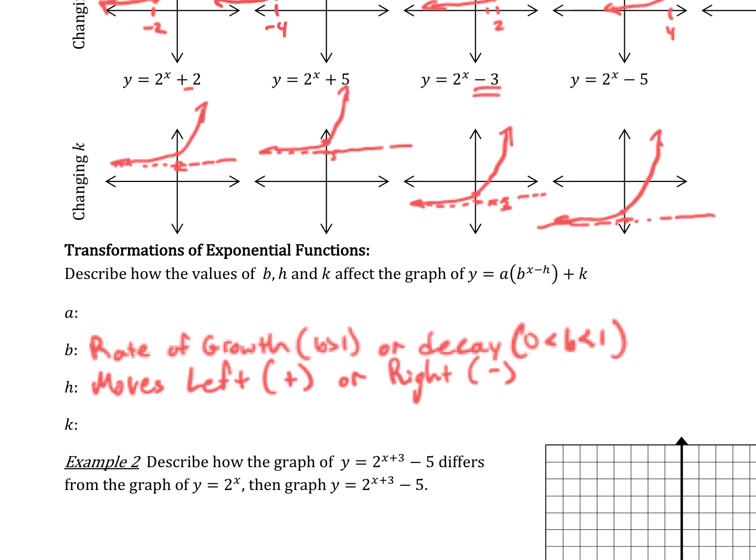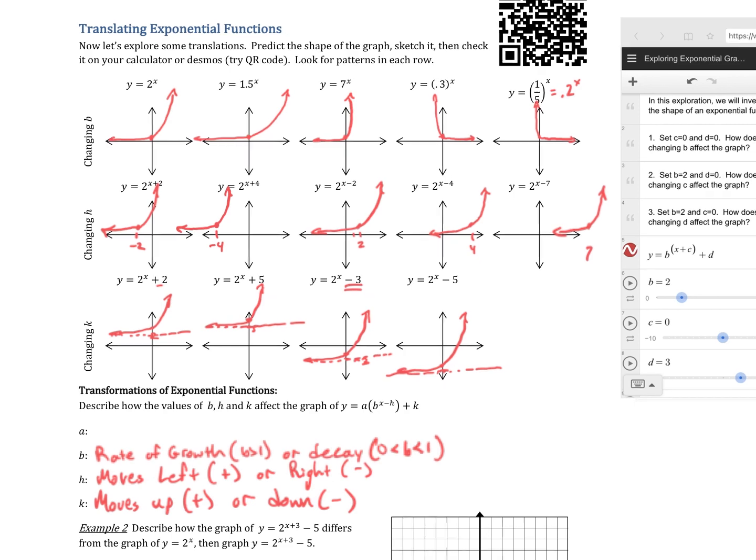And then last but not least, the k moves it up if it's positive, or down if it's negative. So left and right are opposite. Left is positive. Seems like left should be negative, but it's not. Up and down are exactly what we expect. Positive up, negative down. What about this a value?